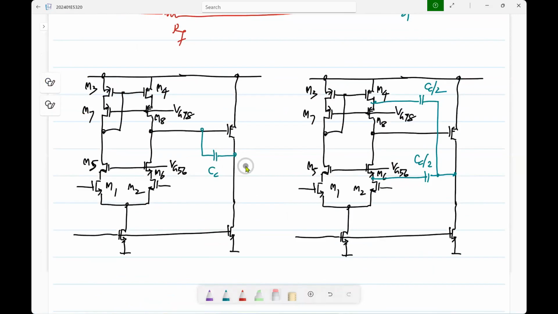Of course, with the ideal controlled sources, all of them will make the zero disappear. That's not an issue. It is possible that this gives you a better phase margin, and because you are not making anything new, you already had every component on the right side, you already have on the left side also. All you do is split CC and then connect it to the two sides.